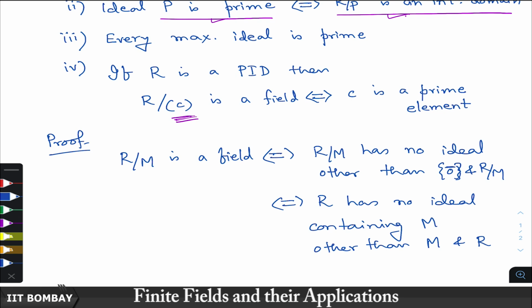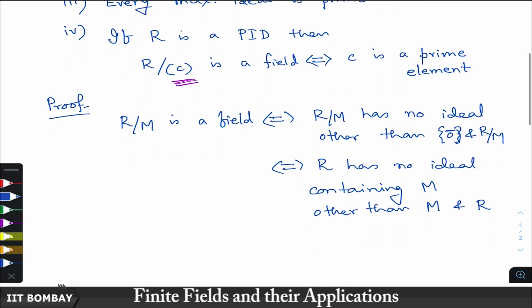In between M and R there is no ideal, because there is a one-to-one correspondence between such ideals containing M and ideals of R by M. So, this is basically saying M is maximal.